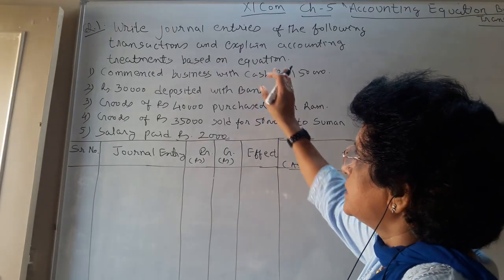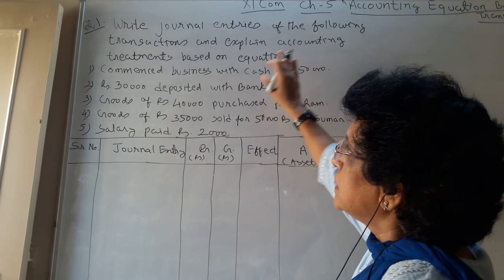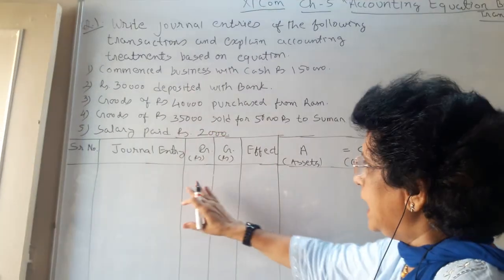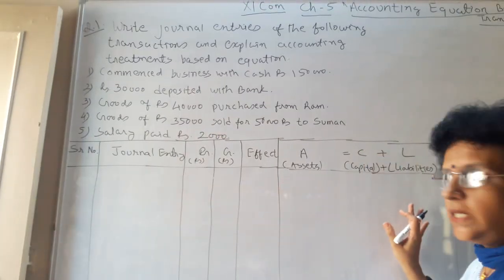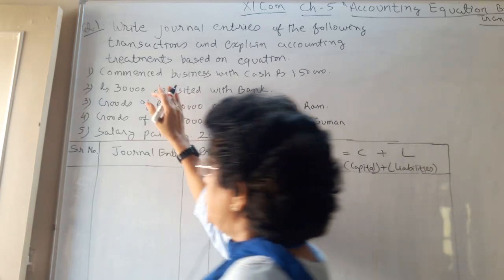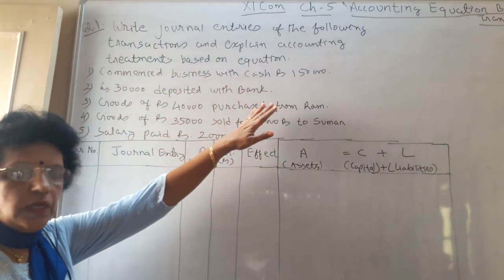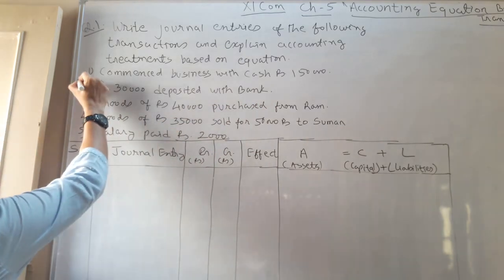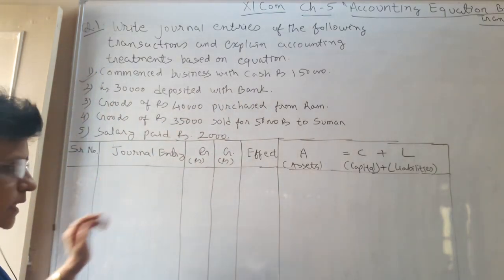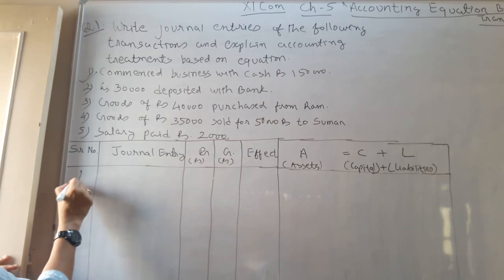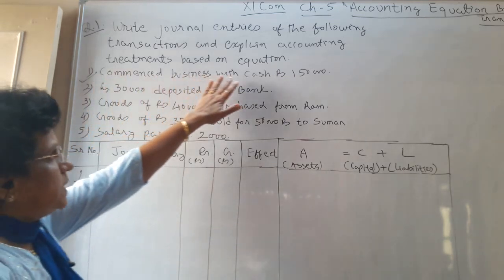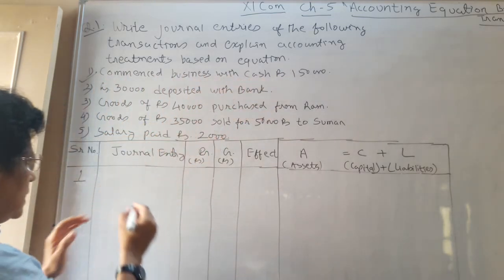Now let us understand the journal entries of the transactions and their effect on the accounting equation. The first journal entry: commenced business with cash rupees 1,50,000. Let us do this transaction. Number 1, the serial number, commenced business with cash. So cash comes in.